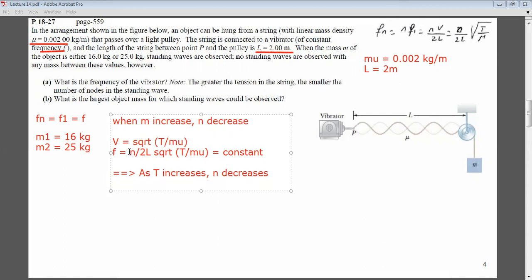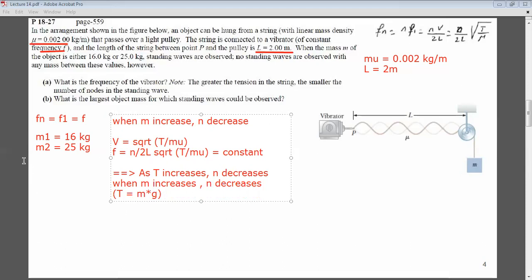This is why when M increases, n decreases, because tension in the string is nothing but M times g. Okay, is this understood? So here the tension is M times g, which means as M increases, the tension will increase, but as tension increases, n decreases.